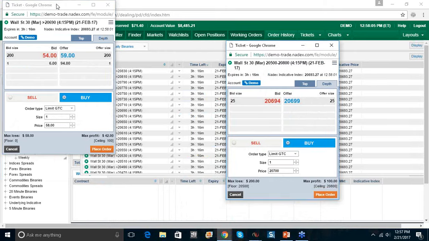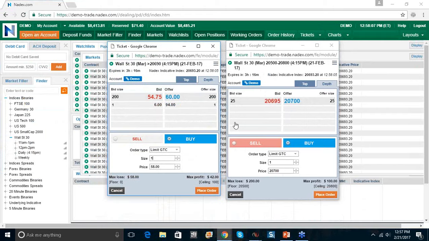And emotionally, what are we seeing? To do this trade right here, max loss 58 bucks. We see this trade right here, max loss 200 bucks. Whoa. Just looking at the ticket and the max loss, where do you think most traders probably gravitate to?